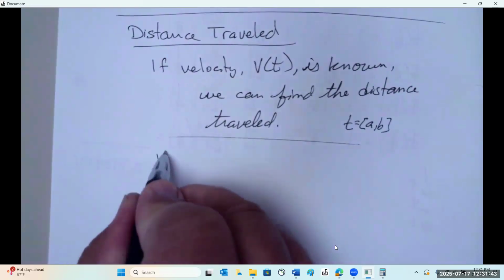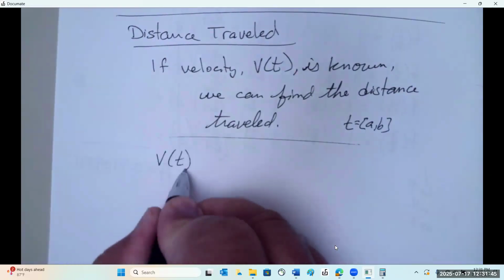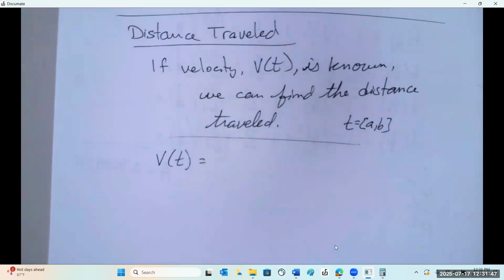What is velocity? How do we calculate velocity? Remember chapter 1, or chapter 2, how do we find, what is velocity? How do you find it?